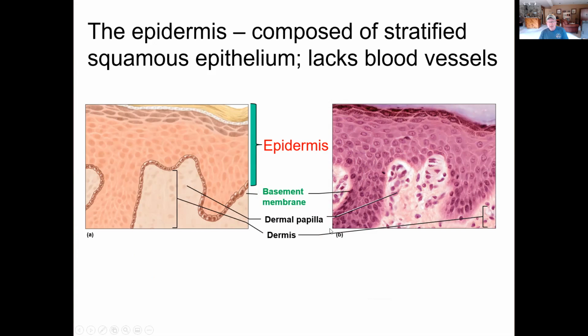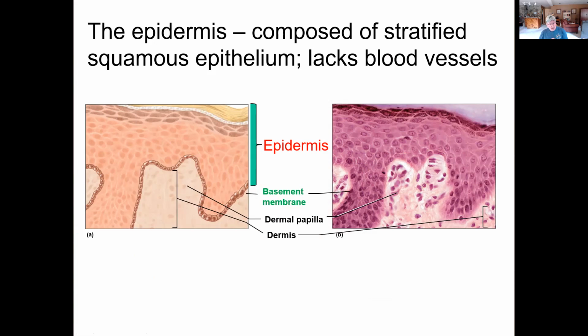A papilla is a finger-like projection. And indeed, these sort of look like little fingers that extend upward into the lowermost region of the epidermis. And these dermal papillae can contain a variety of different structures. I'll just mention a couple of them right now. They can sometimes contain blood capillaries.